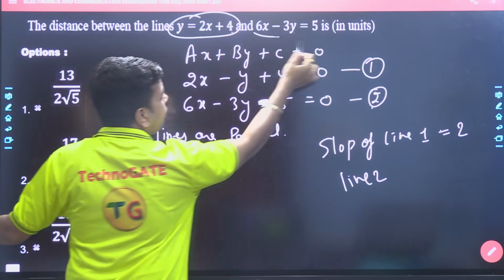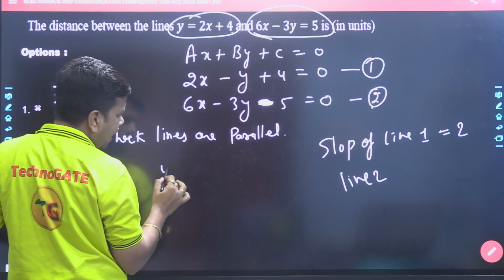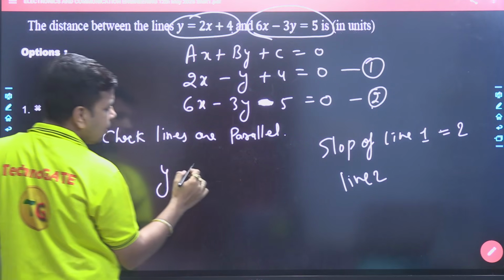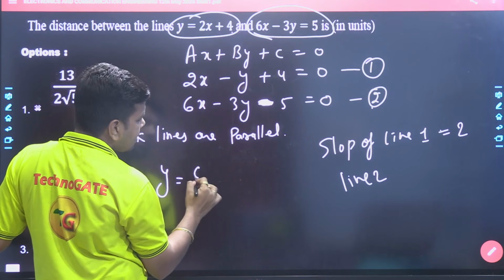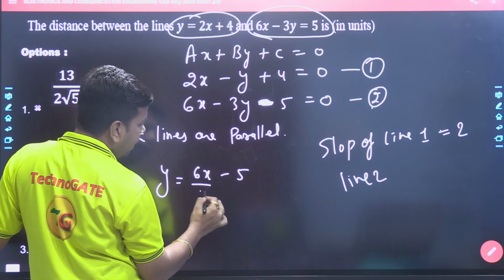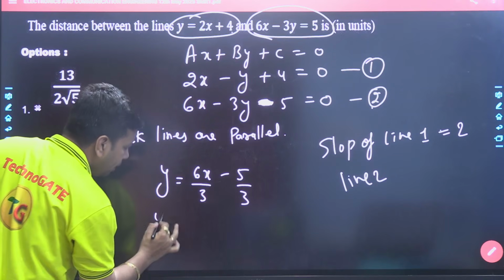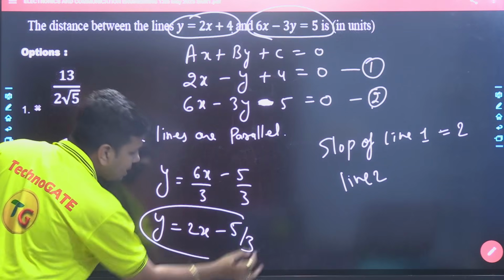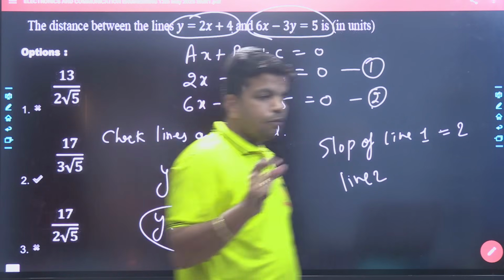For the second one, writing that in the form of y, we take 6x minus 5 and divide that by 3. So ultimately y equals 2x minus 5 by 3. That would be the second line written in terms of y.